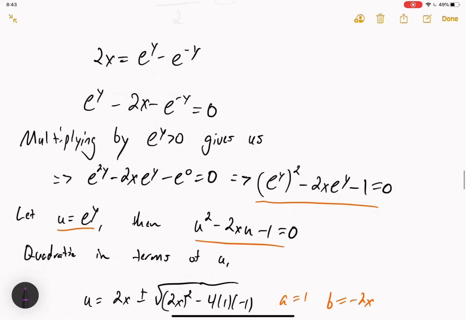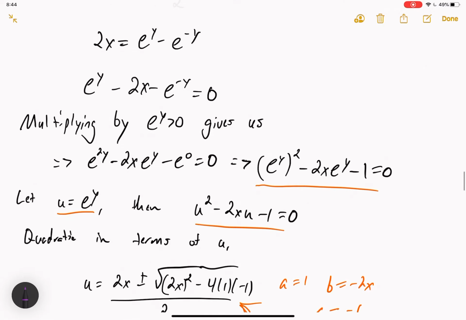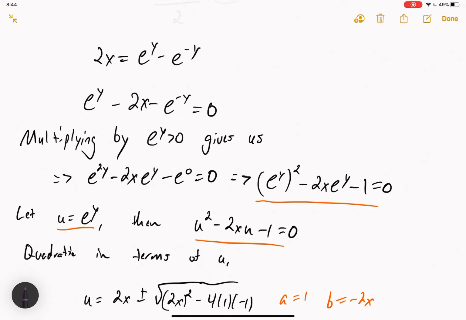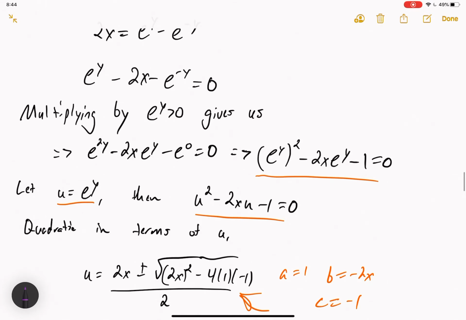All right, so what we're going to do here is some stuff that you guys saw in college algebra or pre-calculus classes. We're basically just doing some fancy algebra. We're going to multiply everything by e to the y, which is greater than 0, so it doesn't change any signs. Multiplying this whole equation by e to the y, here we get 0. Here we get e to the 2y.